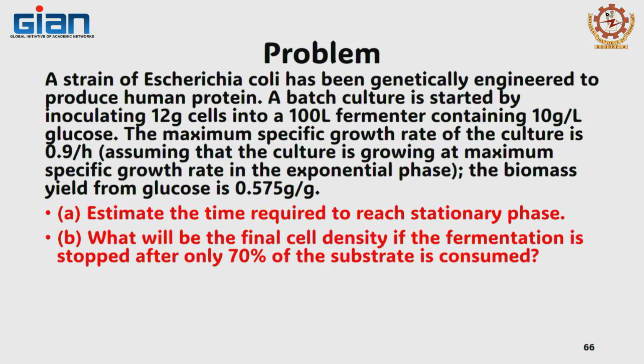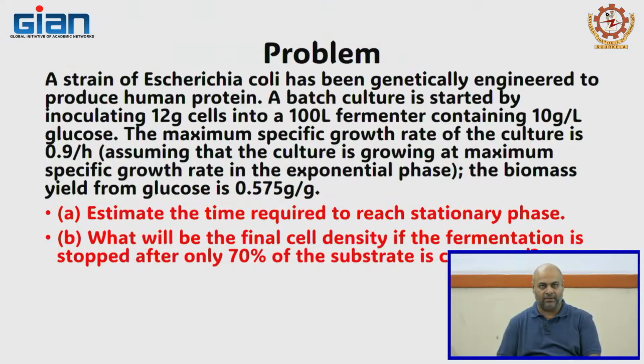I had given these extra spaces to solve. This one is something that might relate to what you are going to do. Would you like to try solving this by yourself? It's pretty straightforward. A strain of Escherichia coli, or E. coli, has been genetically engineered to produce a human protein.